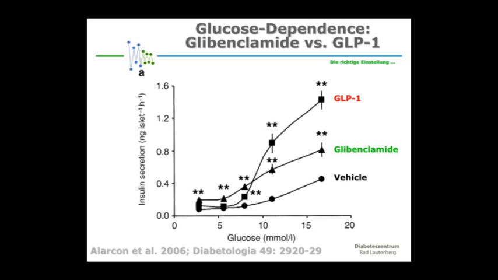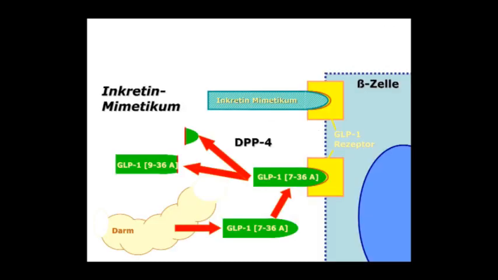And this makes GLP-1 a very special insulinotropic agent because it cannot provoke hypoglycemia by itself.